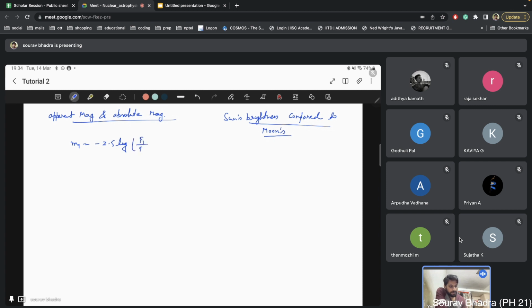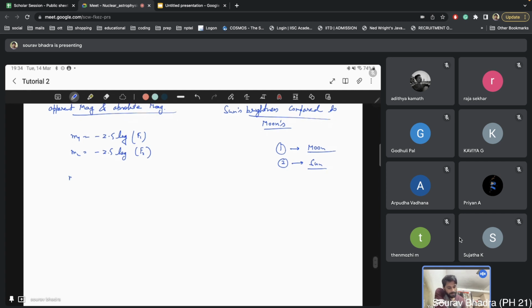F1 by F1. Okay, remember I will use 1 for the moon, the lower one, and 2 for the sun, otherwise I have to write moon and sun every time. That's why I have done that. So m1 is for the moon, and m2 is for the sun. F1 and F2 are the corresponding fluxes. So m1 minus m2 will be 2.5 log of F2 by F1.